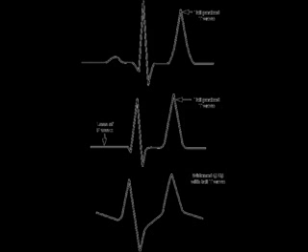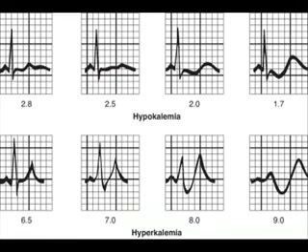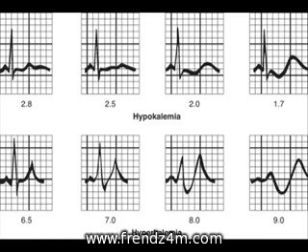When you come to hypokalemia, that is low potassium level in the blood, you can see U waves. As you can see here, QRS complex is followed by T wave, then that is followed by U wave. U wave is simply the wave that follows T wave.